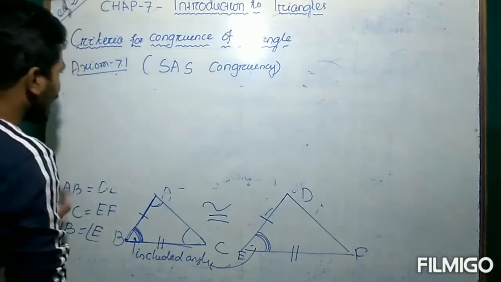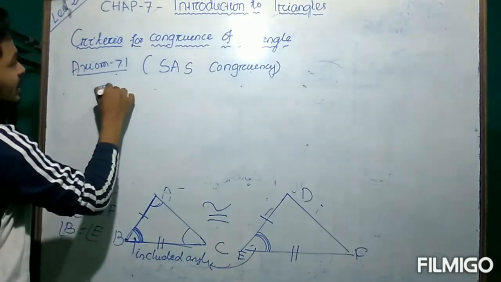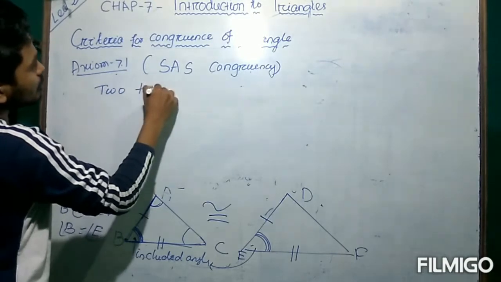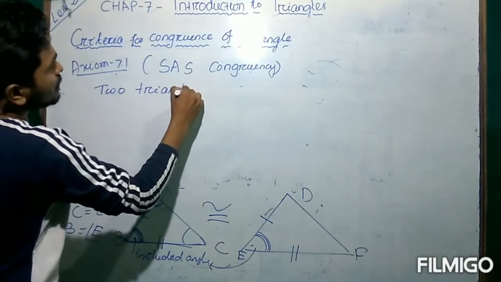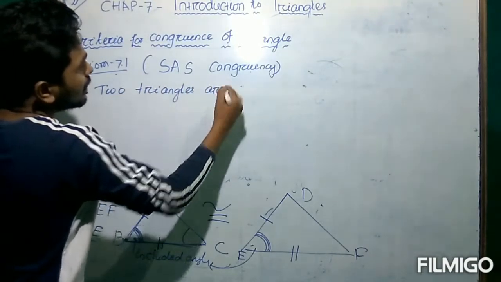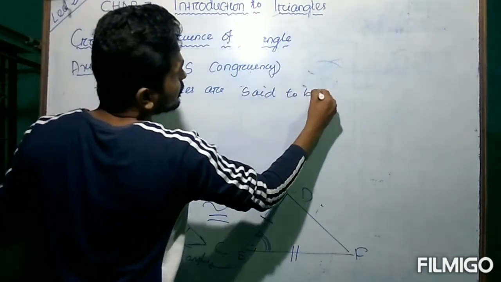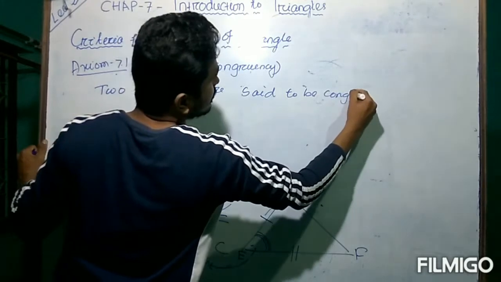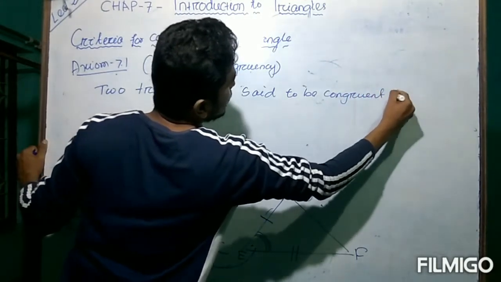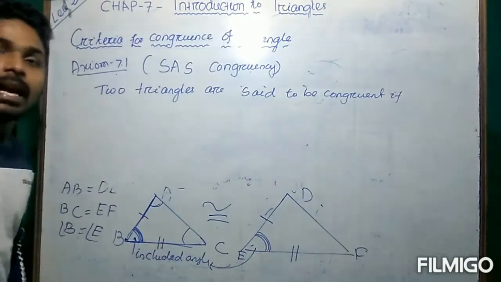So it states that two triangles are said to be congruent if, what is the condition?